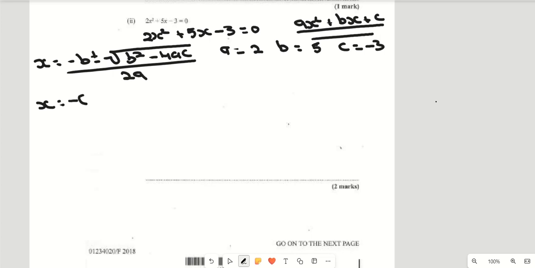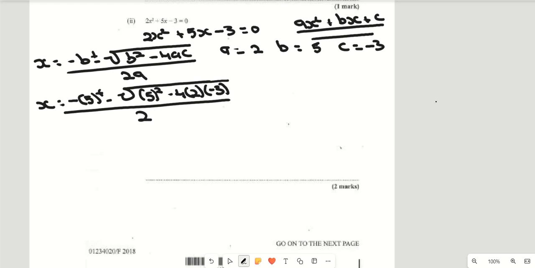It's minus open bracket 5, plus or minus the square root of open bracket b squared, which is 5 squared, minus 4 open bracket 2 open bracket minus 3 close bracket, all over 2 by 2 here.